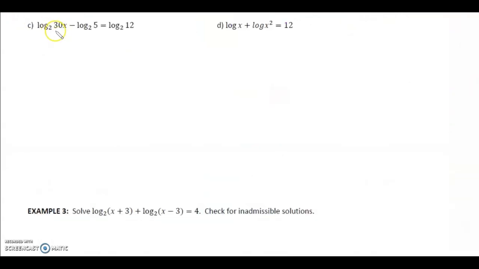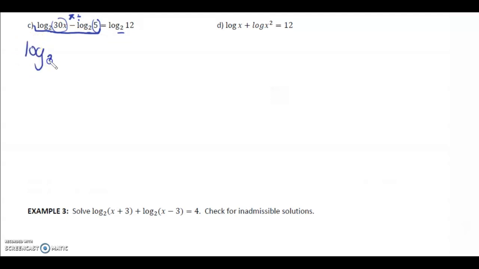C, log base 2 of 30x minus log base 2 of 5 equals log base 2 of 12. So this is really nice because all of these have a log base 2. Okay, we can do this one of 2 ways, but I'm just going to leave each of these on their own sides of the equal sign. And I'm going to use the quotient law of logarithms to collect the 30x and the 5.